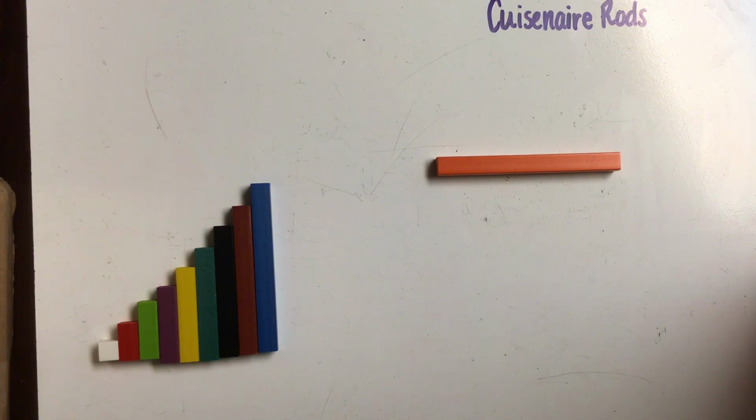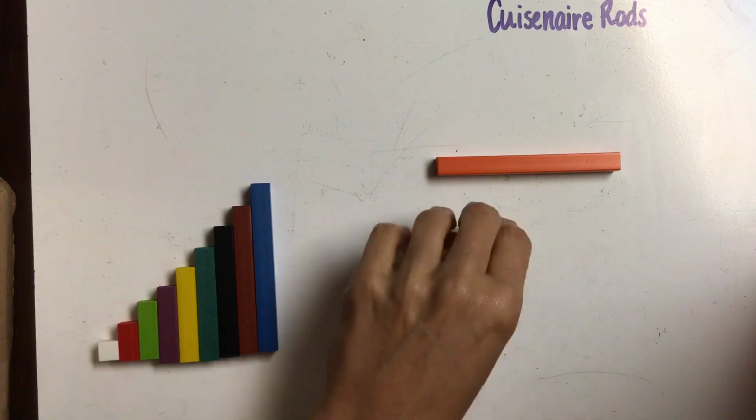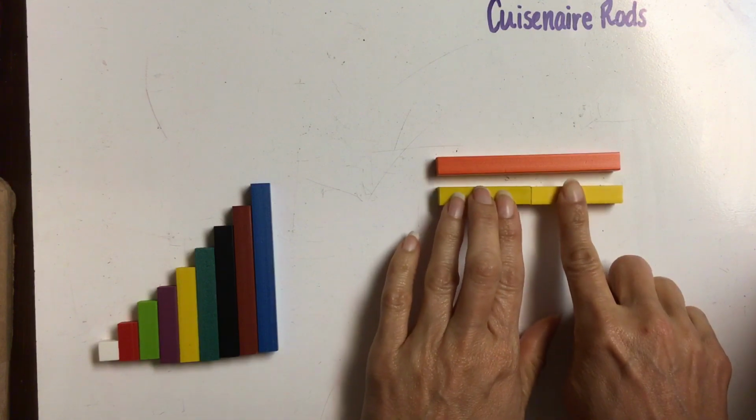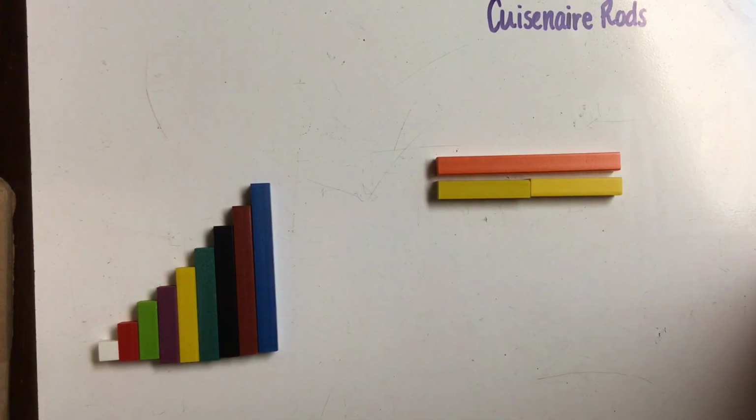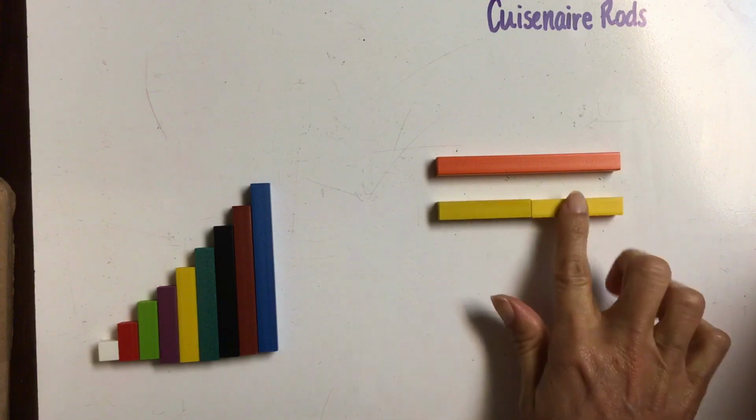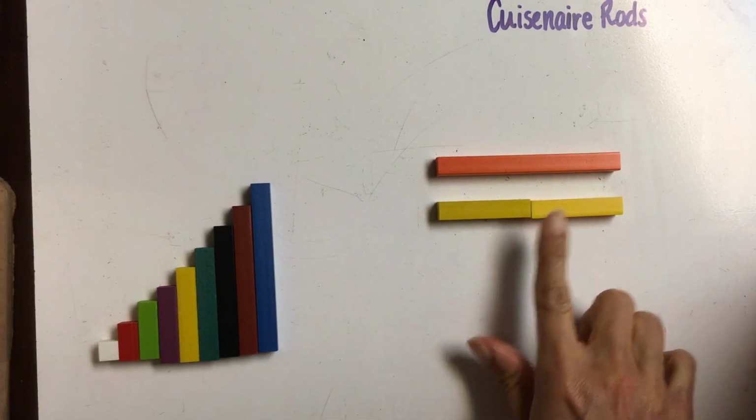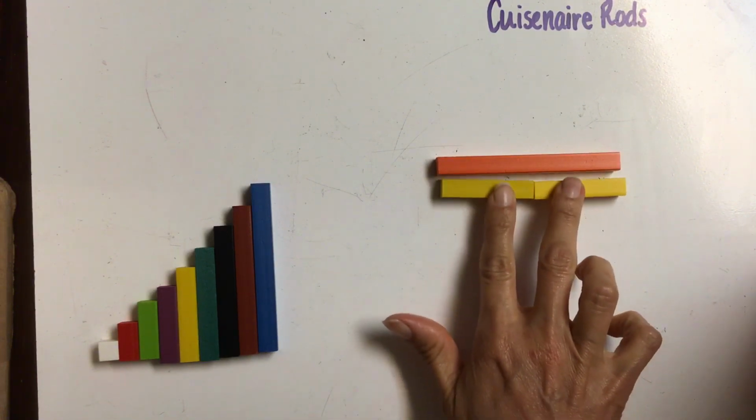So let's look at the orange, and you can say, what is a half? What rod would be a half of an orange? Well, I can see that the yellow is half of the orange. So the orange is partitioned into 2 equal parts. And so you can teach them that this is 1/2, and that 2 halves equals 1 whole.